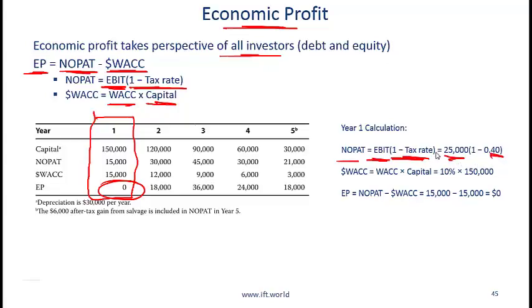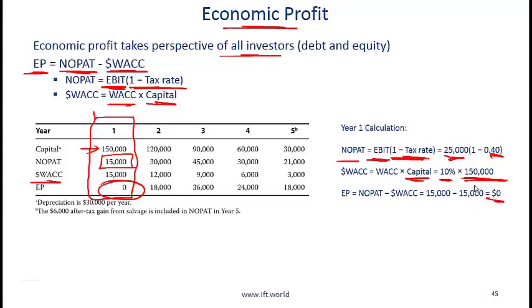So given EBIT and the tax rate, you can come up with NOPAT of 15,000. How do you come up with dollar WACC? You are given that capital is 150,000. You are given that cost of capital is 10%. So you multiply and you come up with dollar WACC of 15,000, and you take the difference and you get 0.